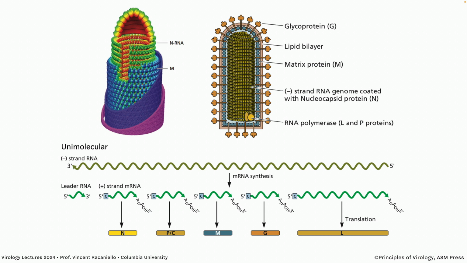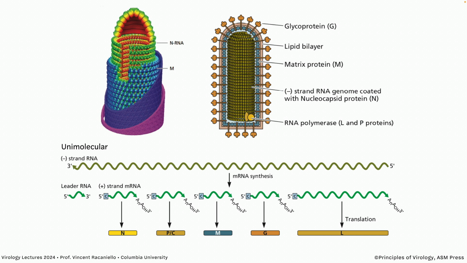So here is the viral genome for VSV. Remember, bullet-shaped particle related to rabies virus. Negative-stranded RNA, so no cap, it comes in the virus complexed with the nucleocapsid protein and a molecule of RNA polymerase, which consists of two proteins, L and P. And as soon as that RNA is released into the cytosol, the polymerase makes subgenomic mRNAs from it, 1, 2, 3, 4, 5, that encode all of the viral proteins.